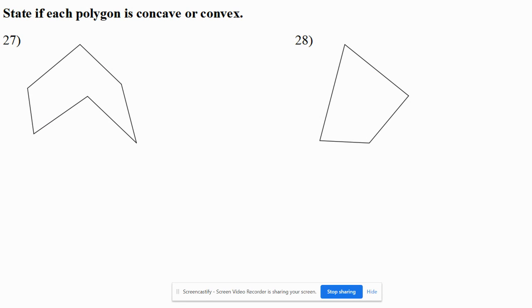And lastly, let's take a look at this. State if each polygon is concave or convex. Let me think of a diagonal. Diagonals are when I connect two corners, with the exception of the sides, obviously.